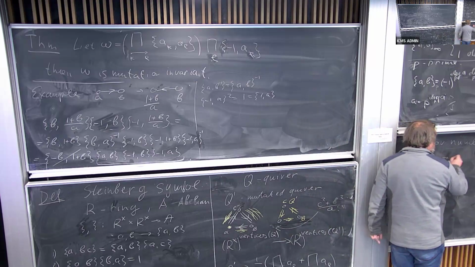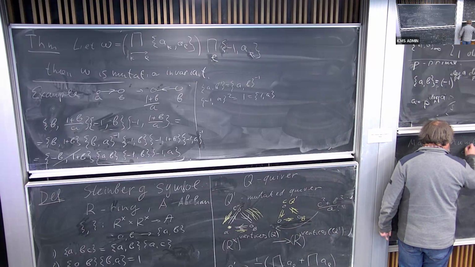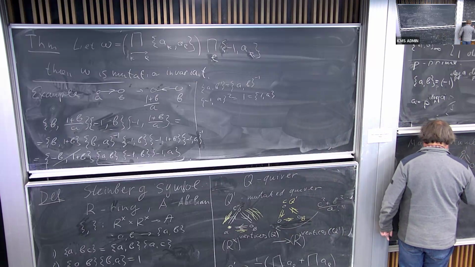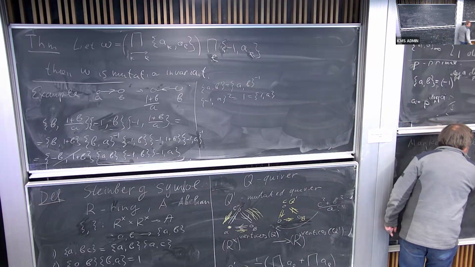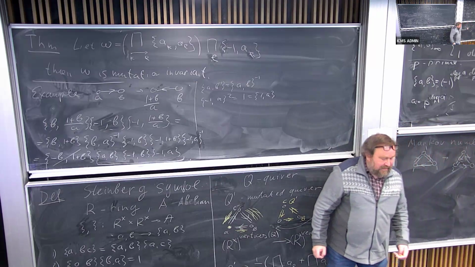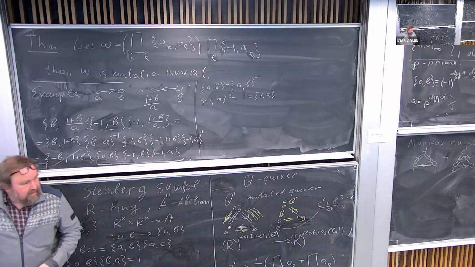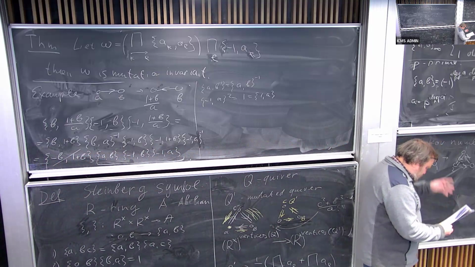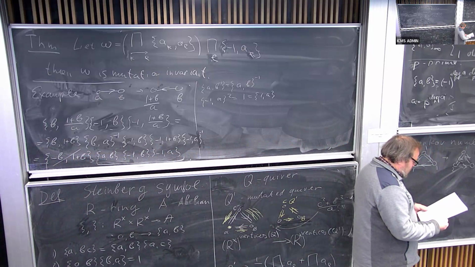For example, if you mutate once, you get 1, 1, 2, and so on. You can mutate in all possible ways and you get plenty of triples of numbers. These are the a's. In particular, if you make a few mutations, then you get the numbers, for example 13.